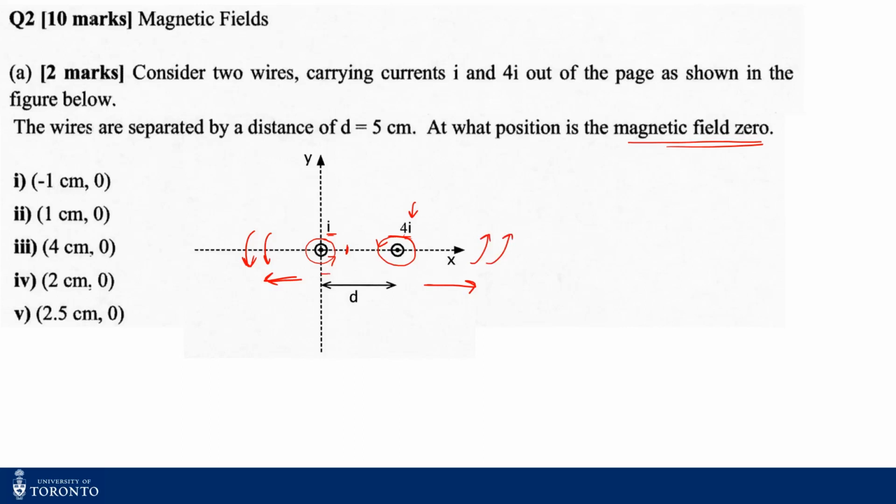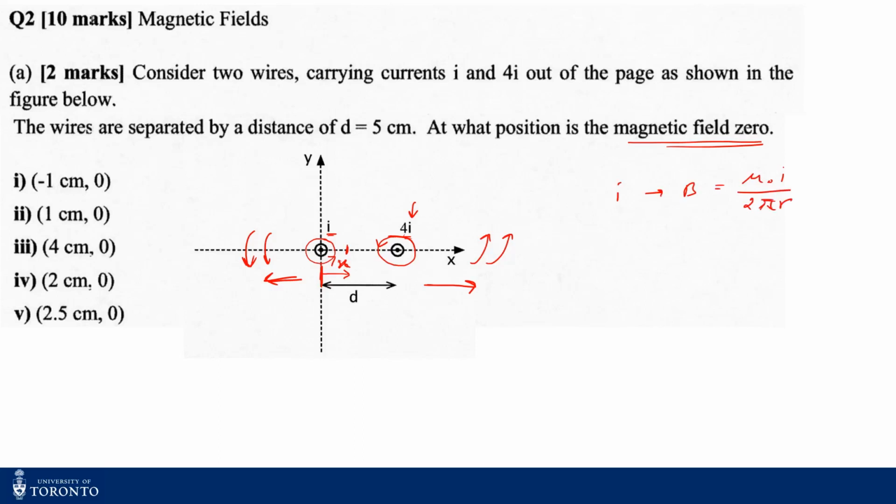Now if I take the point to be a distance x away from the origin, then I know that for a current I flowing in the wire, the magnetic field is given by mu naught I by 2 pi r, right?